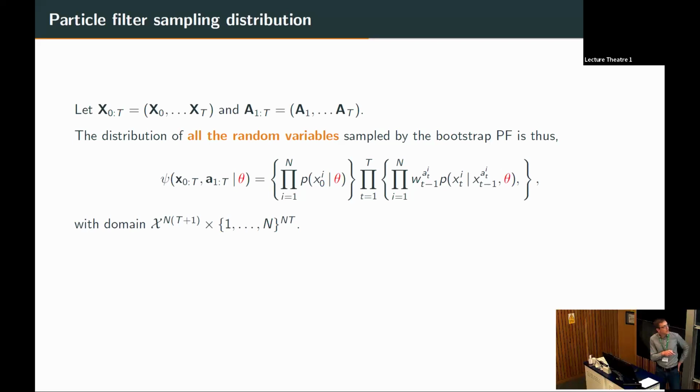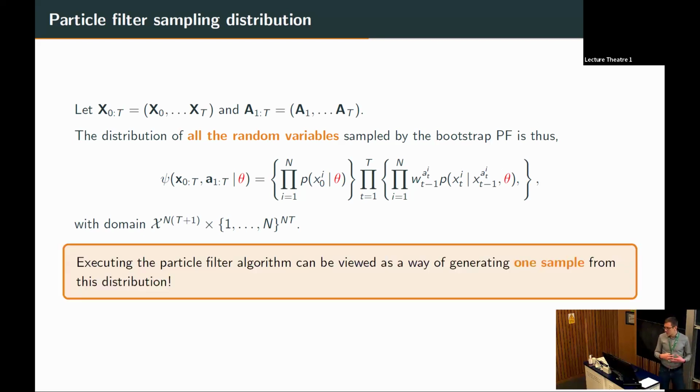And then we have the ancestor indices here. They live in the space 1 to n. They're categorical variables. And then we raise that to n to the t because we have n such ancestor indices at each time step. We get this massive probability distribution over all of the random variables generated by the particle filter. And we can think about executing the particle filter as giving me one realization from this high dimensional distribution.